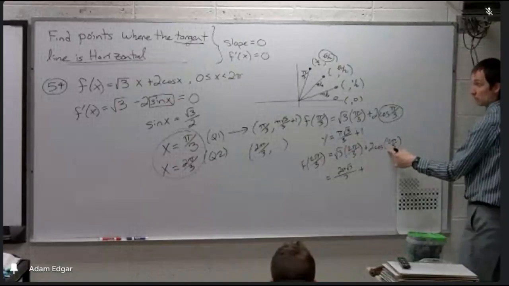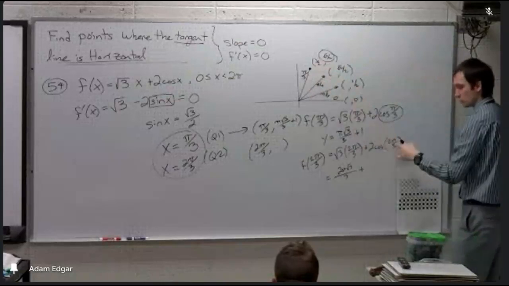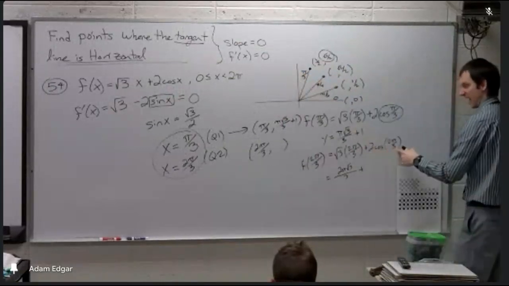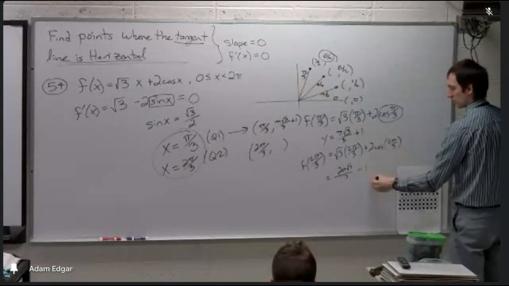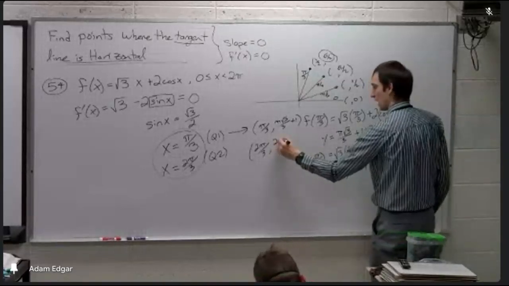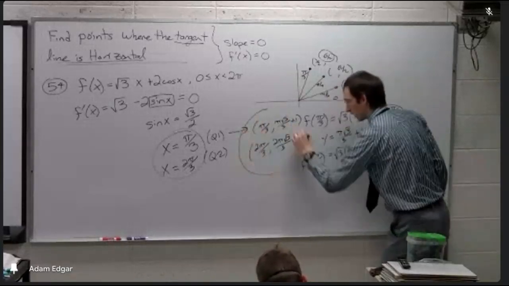Negative 1/2, because cosine of pi over 3 was 1/2, and 2 pi over 3 is in quadrant 2, where cosine is negative. What's 2 times negative 1/2? Negative 1. So this ugly y coordinate is 2 pi root 3 over 3 minus 1. And there's the points.